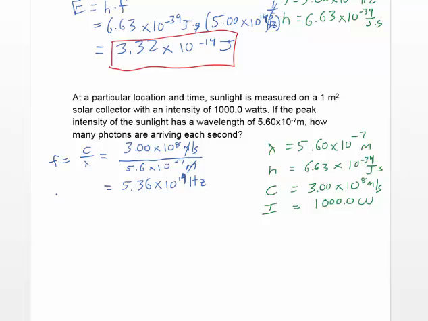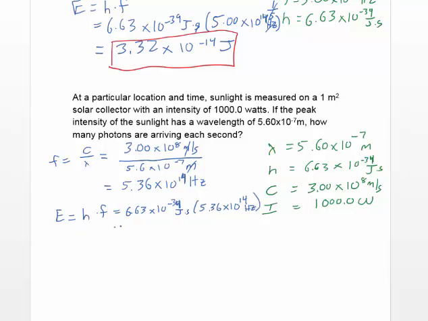Okay, so our next step is we want to find the energy. We've done this a couple times already. Energy is equal to Planck's constant times the frequency, which is equal to 6.63 times 10 to the negative 34th joule seconds times the frequency that we just got up above, 5.36 times 10 to the 14th hertz.